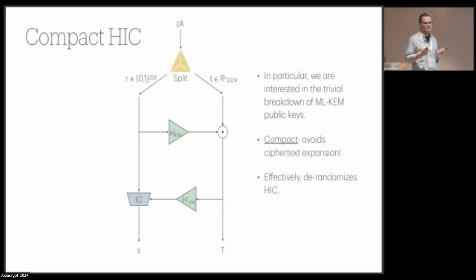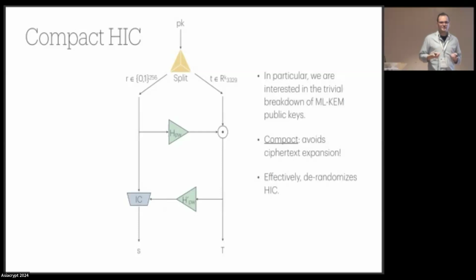In particular, when we look at Kyber or ML-KEM, now the standard, we would like to split the public key such that this R corresponds to the small seed that expands to a matrix A. So it already has the form that is needed, plus one group element.